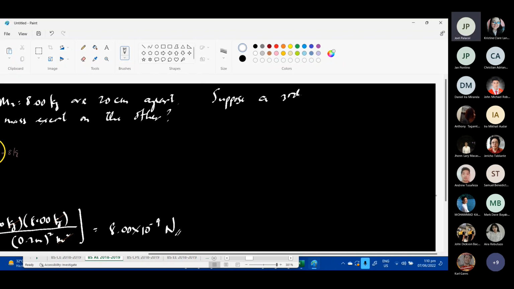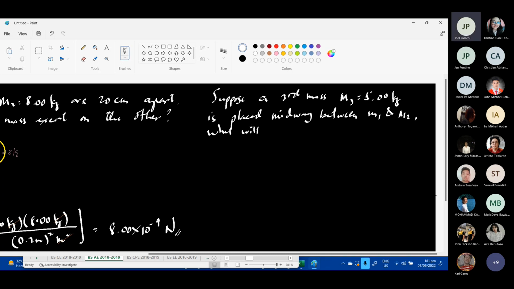Suppose a third mass, M3 equal to 5 kilograms, is placed midway between M1 and M2.